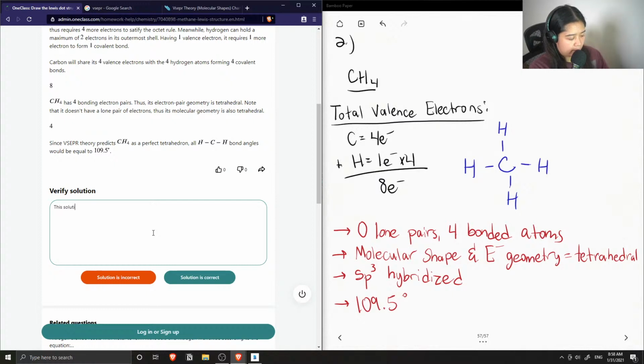Okay, so this solution is correct. But I'll just describe what it looks like.